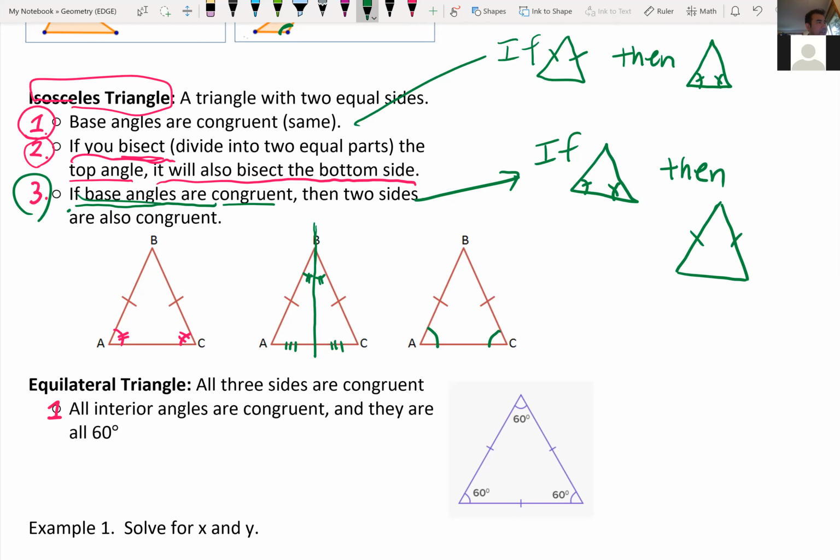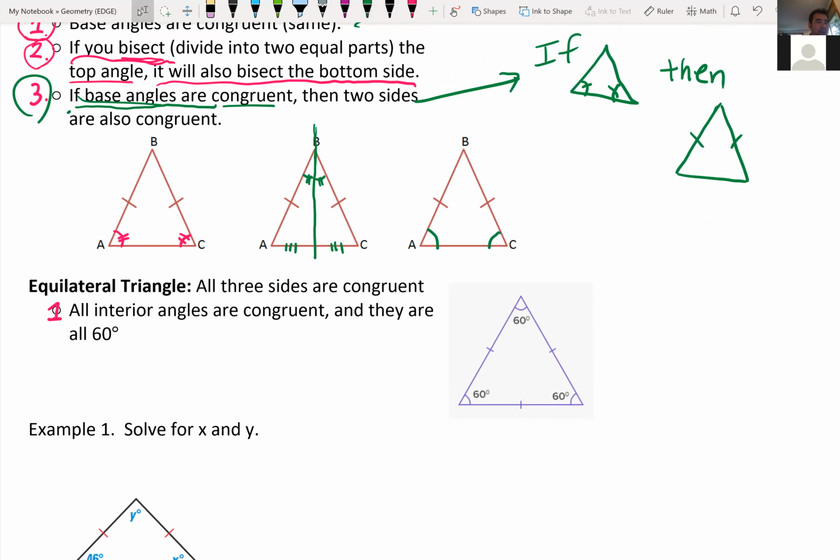All right. So this is an isosceles triangle, and the other one is the equilateral triangle. Okay. An equilateral triangle means that all three sides are congruent. It's what you might call a perfect triangle. All sides are equal. Now, there's one property that it's important to know, and that is all the interior angles, right here, right here, right here, have to be 60 degrees.